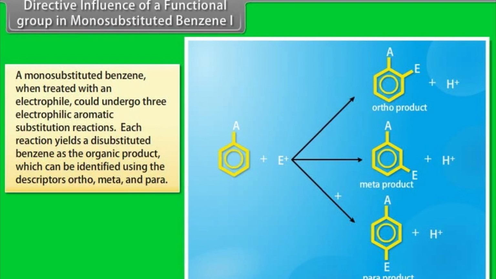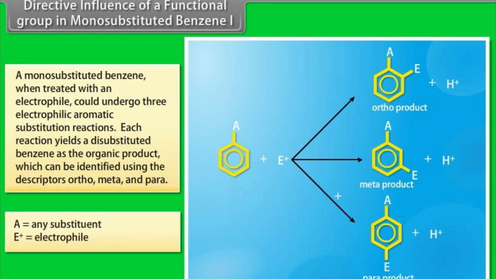Directive influence of a functional group in monosubstituted benzene 1. A monosubstituted benzene, when treated with an electrophile, could undergo 3 electrophilic aromatic substitution reactions. Each reaction yields a disubstituted benzene as the organic product, which can be identified using the descriptors ortho, meta and para. A is equal to any substituent.